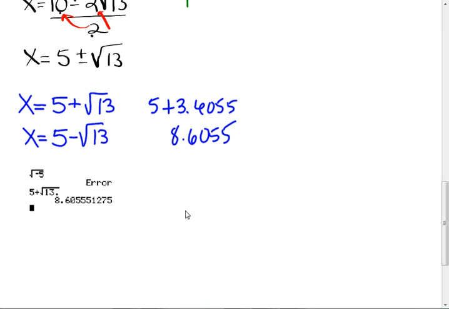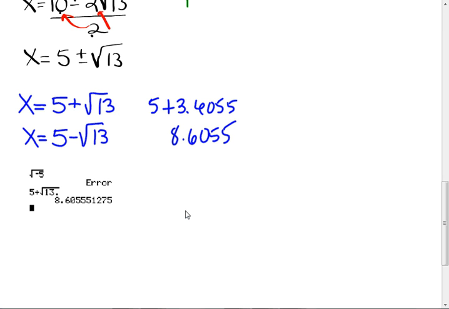Okay, now you have a TI. You're going to have to do this when you do the square root. So we're going to do 5 plus square root of 13, and you're going to put a decimal point someplace in there. Otherwise, it won't give you the decimal. That's just the way it's done. Well, you have to turn sideways.